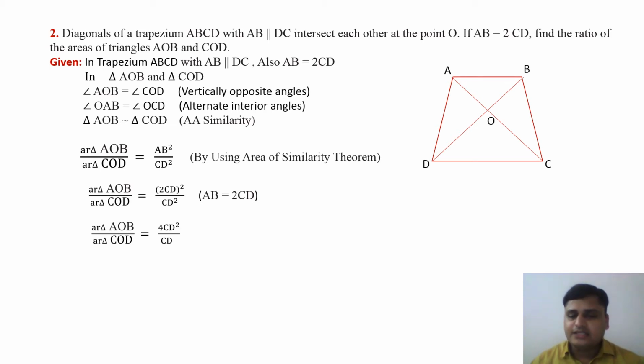Both CD squares will be cancelled, and after cancelling, we can write area of triangle AOB upon area of triangle COD is equal to 4 by 1, or 4 is to 1. In this way we will solve this question.